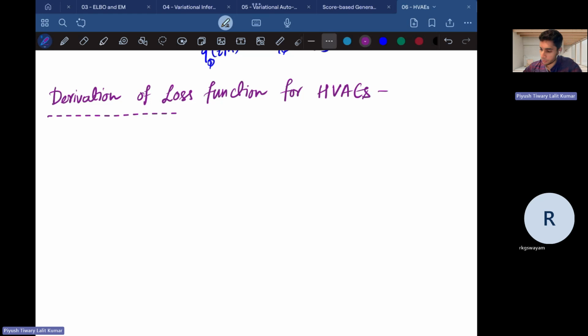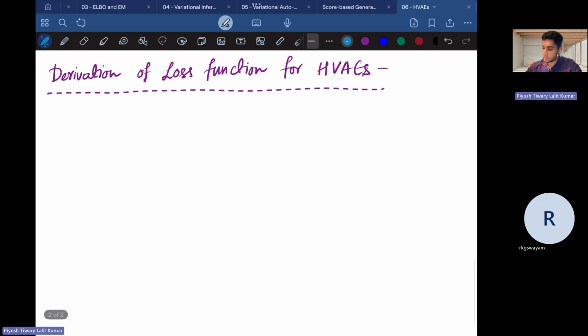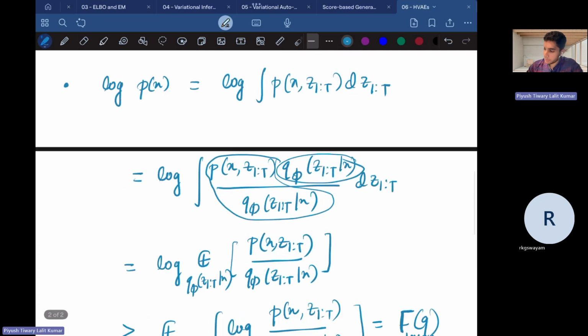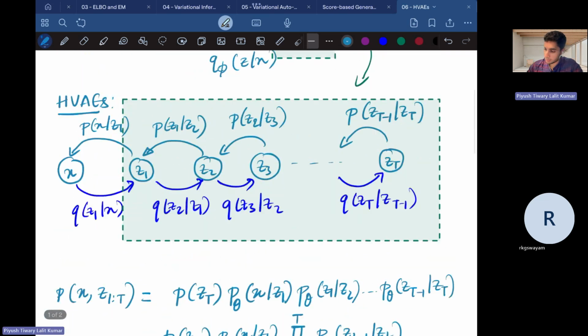Let's see what it comes out to be, and this will sort of motivate us to go for diffusion models after it. So we have log of P of x. We have already seen that this thing is greater than or equal to what? Expectation under Q.